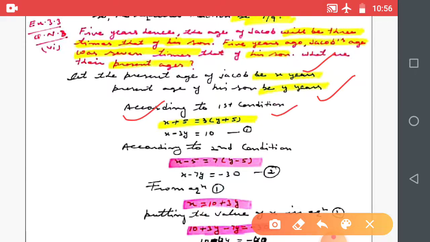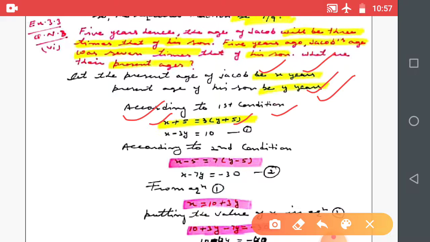Now see the first condition. In the first condition, 5 years hence, it means after 5 years, the age of Jacob will be 3 times that of his son. So present age is x of Jacob. So after 5 years, age will be x plus 5. Any problem? Okay. Present age of his son is y years. After 5 years, his son's age will be y plus 5.